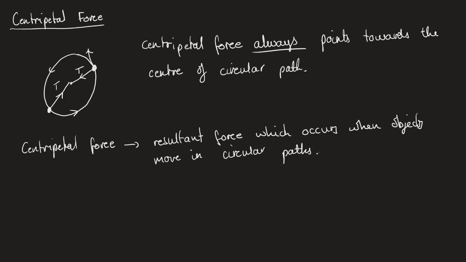So the centripetal force is always pointing towards the center of the circle, and it's a resultant force, which means it's made up of other things. In this case, it's tension. If we were to consider a car going around a roundabout, it's the friction on the road that's keeping it going towards the center. The friction is transverse to the direction that you're moving in on a roundabout, because you have a partial angle when you're moving.